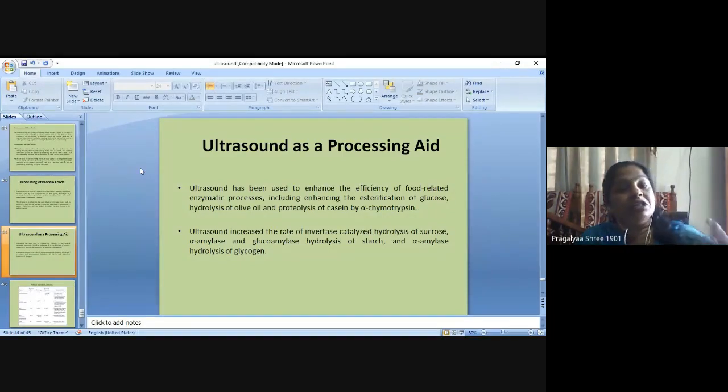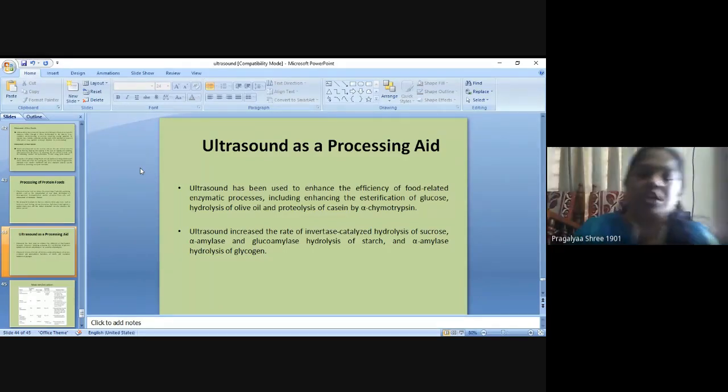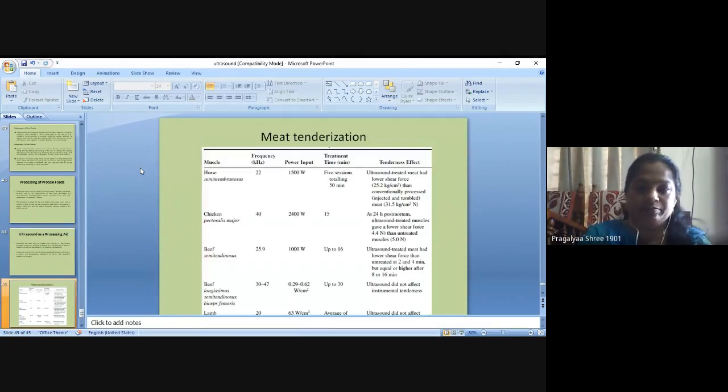It will provide enough carbohydrates, which is needed for our body. So the hydrolysis of glycogen is also possible with the help of alpha amylase. These statements tell about how ultrasound is used as a processing aid.